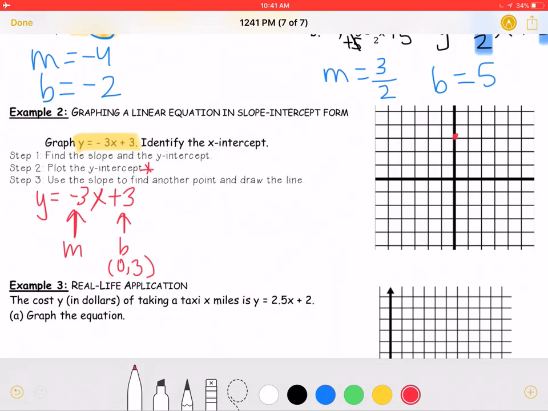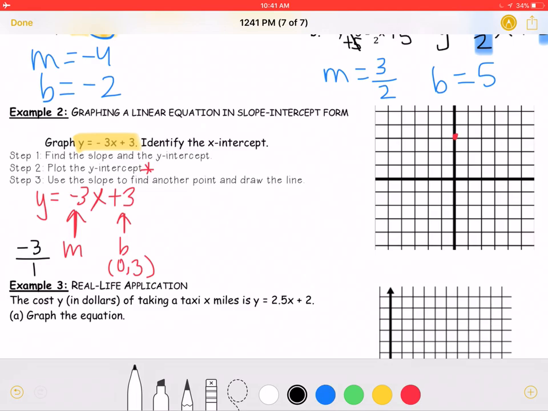Now we're going to use the slope to find another point on this line, and then we're going to be able to connect those 2 points. So our slope is -3, which means if I want to write this as rise over run, I would write this as -3 over 1. Remember, a whole number is always over 1. I can always write it as a fraction.